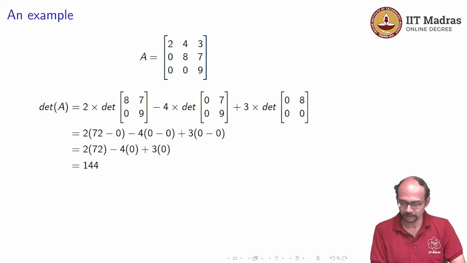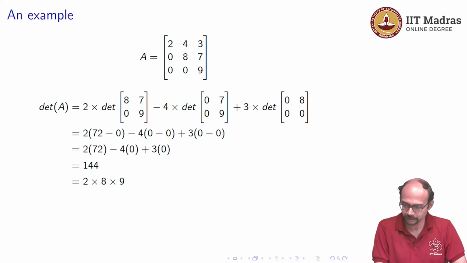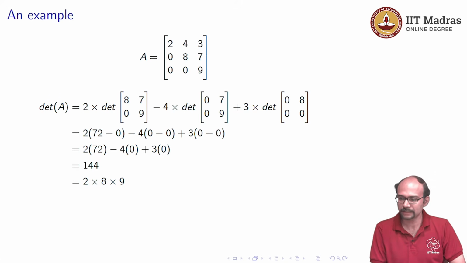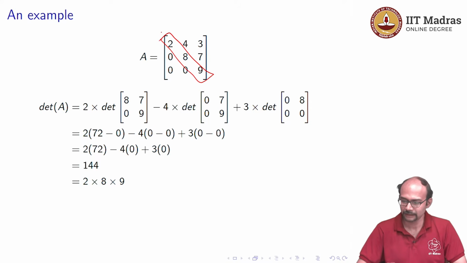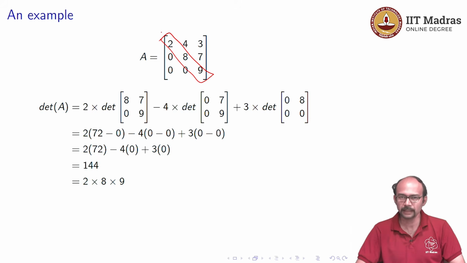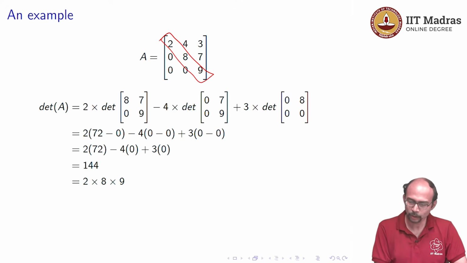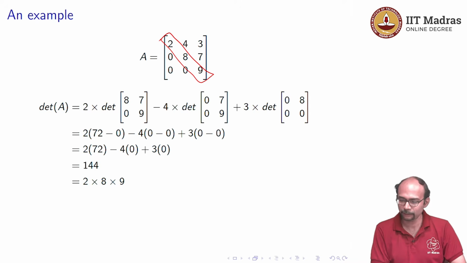I'll ask you to notice something important, which is that this is 2 times 8 times 9, which is exactly what we have on the diagonal. These are the diagonal entries, and that's what we got. So the determinant of this matrix A is the product of the diagonal entries. I hope you followed both the computation and the fact that it's the product of the diagonal entries.